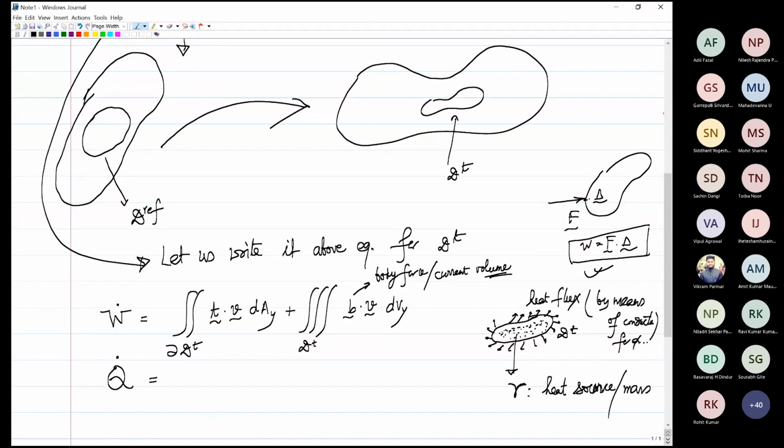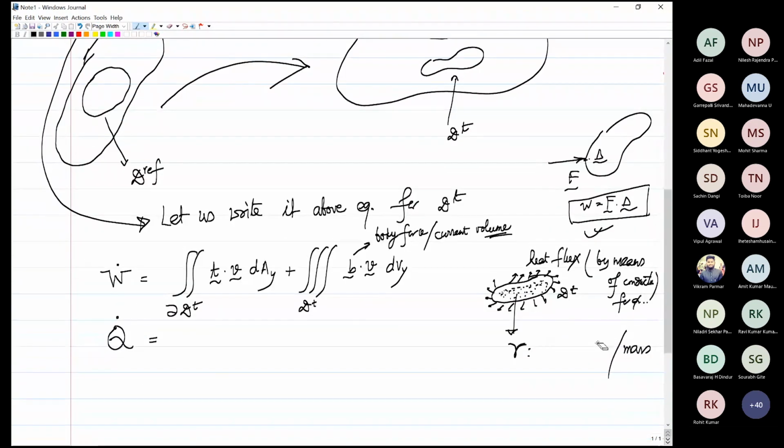Okay, so rate of heat supply. So I should write here rate of heat supplied to the body. Okay, it is supplied to the body per unit mass.